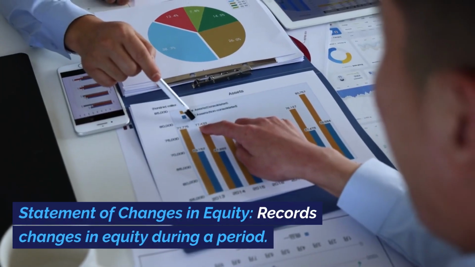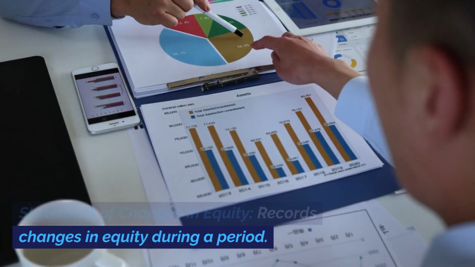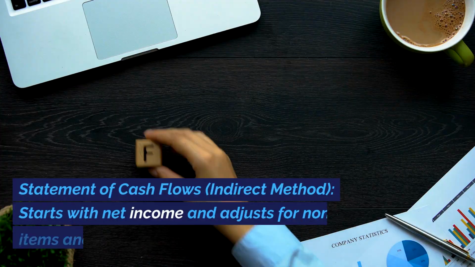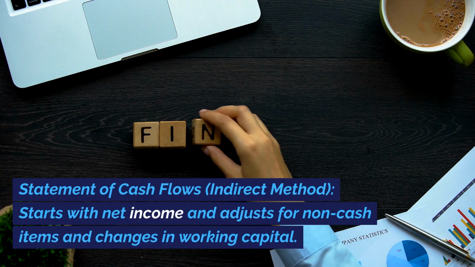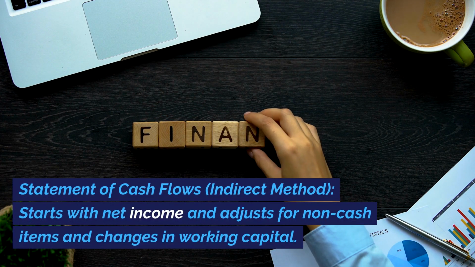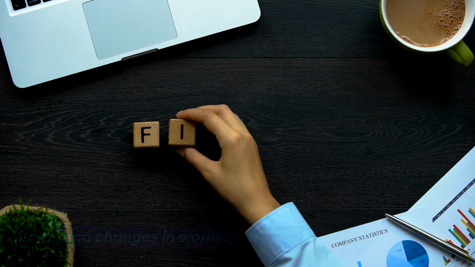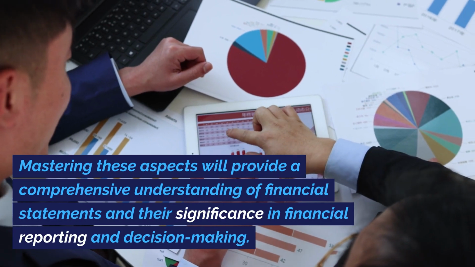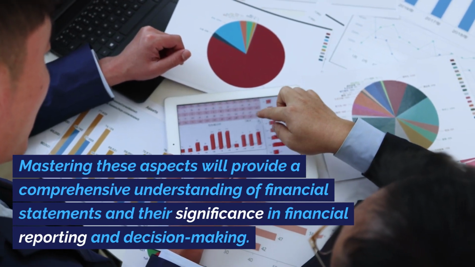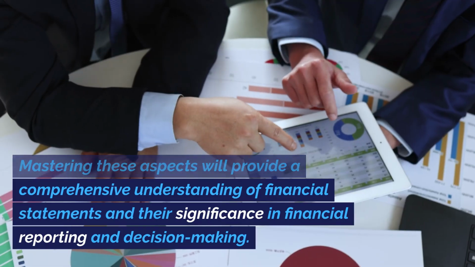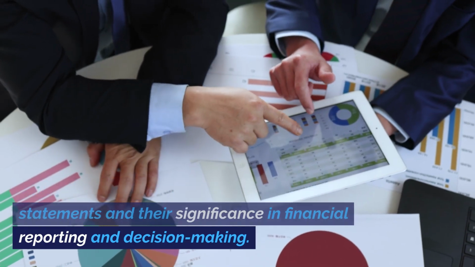Statement of changes in equity records changes in equity during a period. Statement of cash flows, in direct method, starts with net income and adjusts for non-cash items and changes in working capital. Mastering these aspects will provide a comprehensive understanding of financial statements and their significance in financial reporting and decision-making.